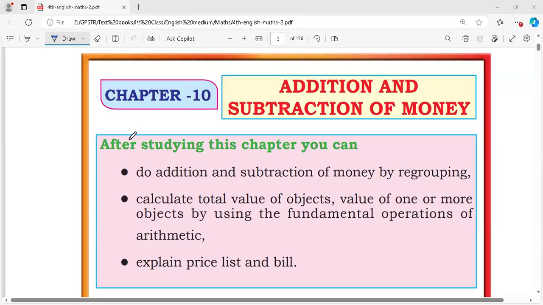In this video, I am discussing 4th Standard Mathematics, Chapter 10, Addition and Subtraction of Money, Exercise 10.1. Before going to the exercise, see some basic concepts.